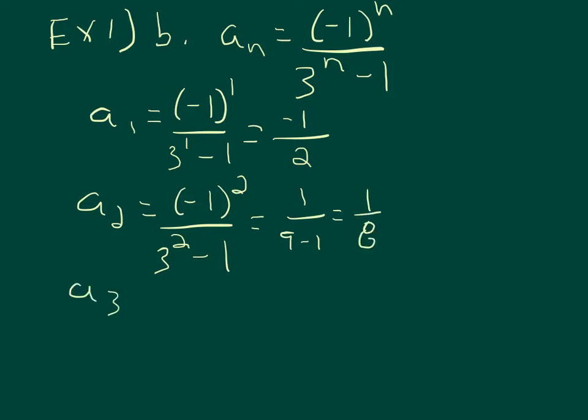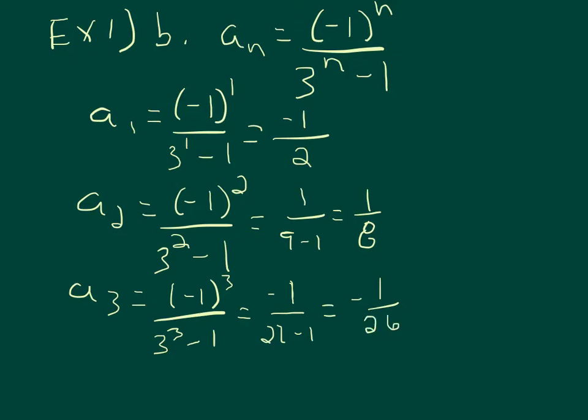A sub 3 would be -1, and now n is 3, over 3 to the 3rd minus 1. We have an odd power to a negative number, that makes it negative, and it'd be -1. 3 cubed is 27, and 27 minus 1 will be -1 over 26.